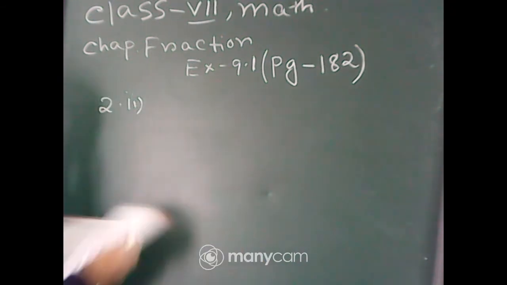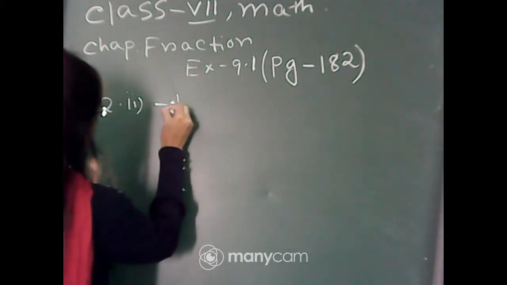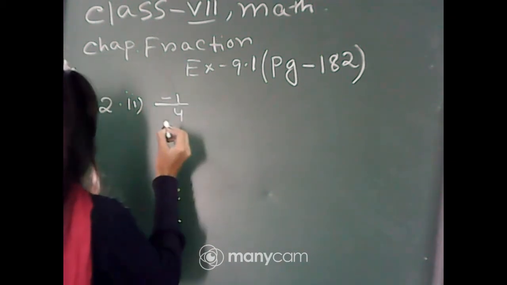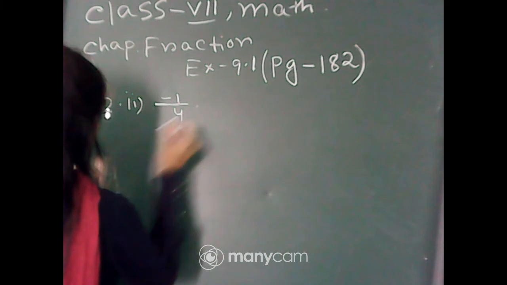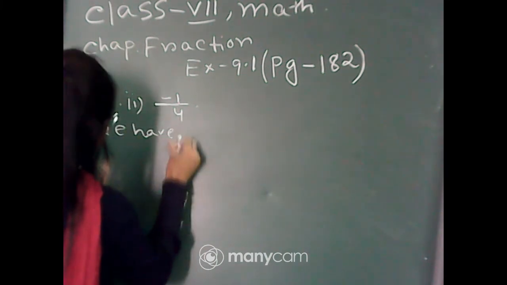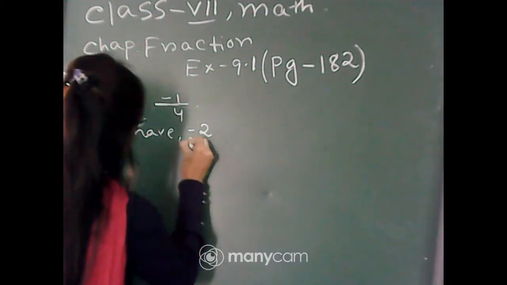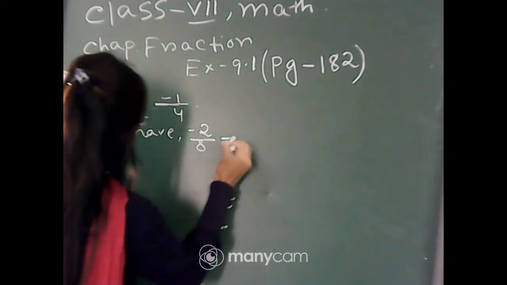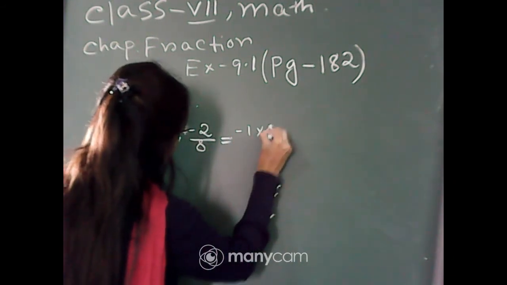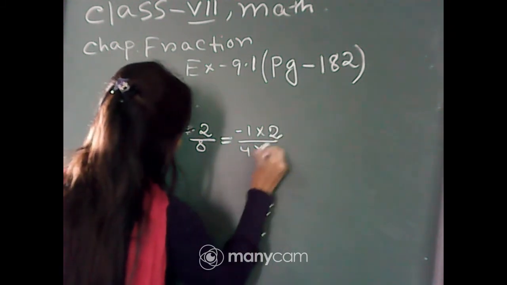Here the first given rational number is minus 1 divided by 4, and the second rational number is minus 2 divided by 8, that is minus 1 into 2 divided by 4 into 2.